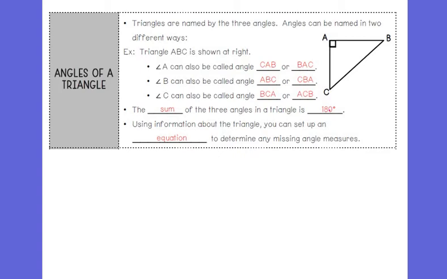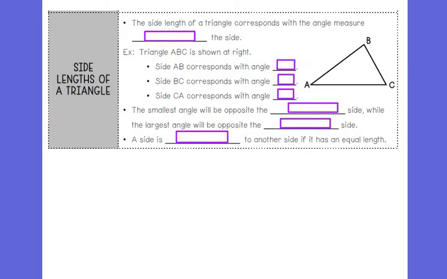Now I'm going to look at their sides. So now we're talking about their side lengths. Side lengths of a triangle correspond with the angle measure opposite the side. Okay? So what this statement says is the angle determines the side length of the side opposite of it.